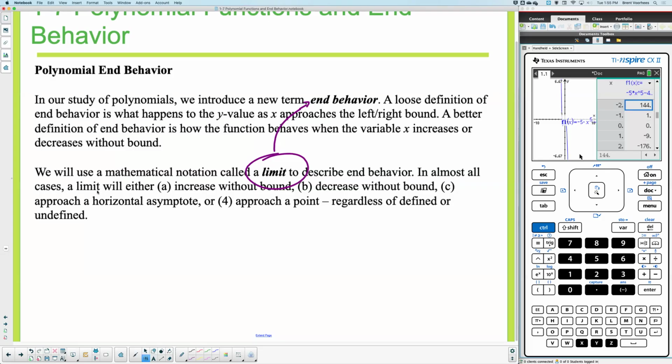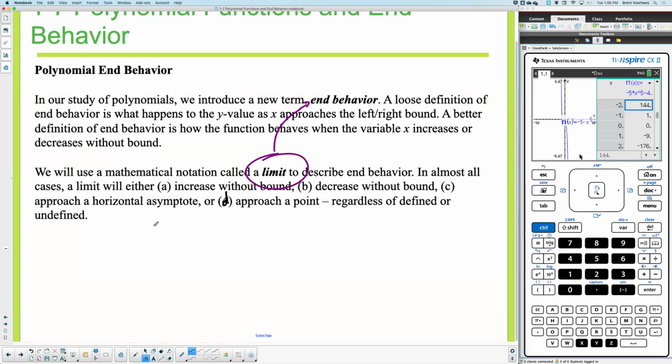In almost all cases, a limit will either A, increase without bound, B, decrease without bound, C, approach a horizontal asymptote, or here's my typo, this should say D. I wrote A, B, C, and then 4. Instead of A, B, C, 4, how about A, B, C, or D, approach a point. So a limit will either increase, decrease without bound, approach a horizontal asymptote, or approach a point.